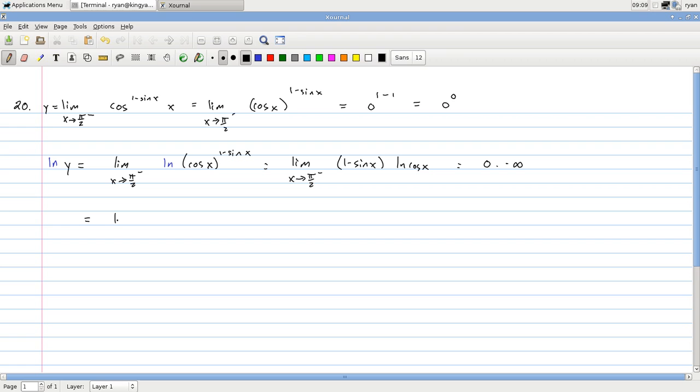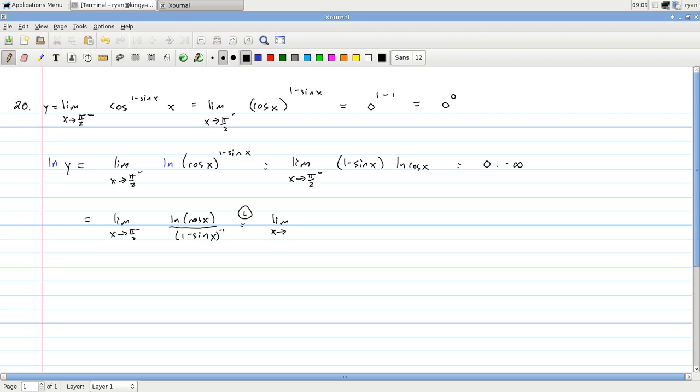So we can rewrite this as the limit as x goes to pi over 2 from the left of natural log of cosine x divided by 1 minus sine x to the negative 1. And now if we try this by direct substitution, we've got what looks like infinity over infinity. So we can finally use L'Hopital's rule.